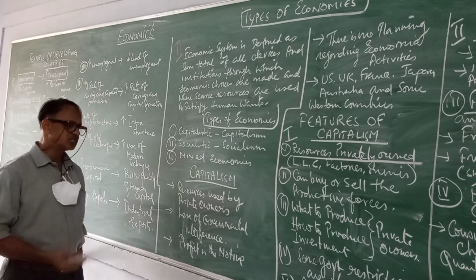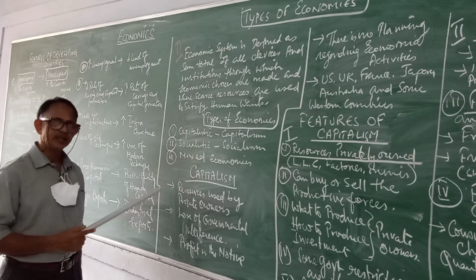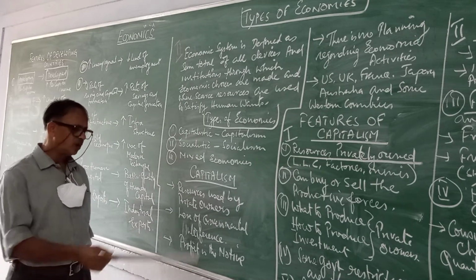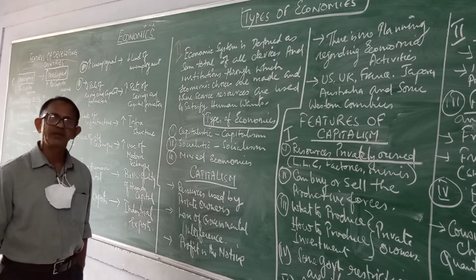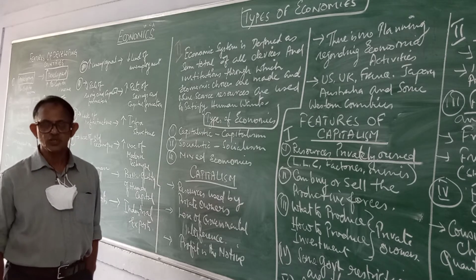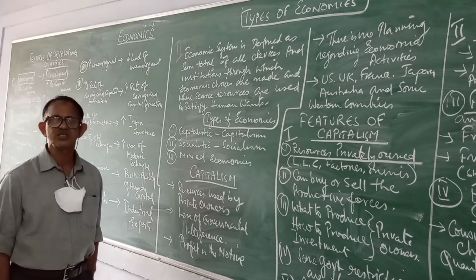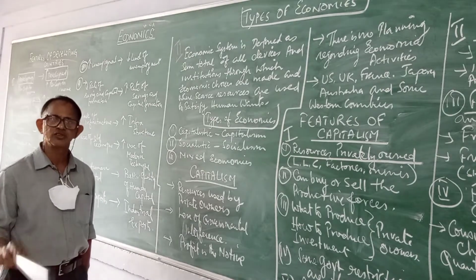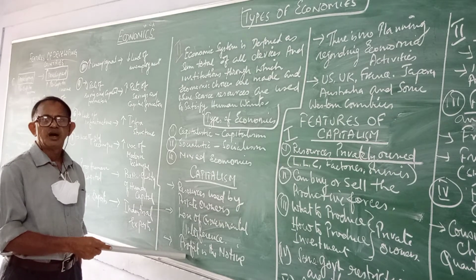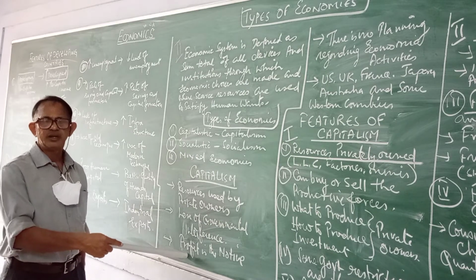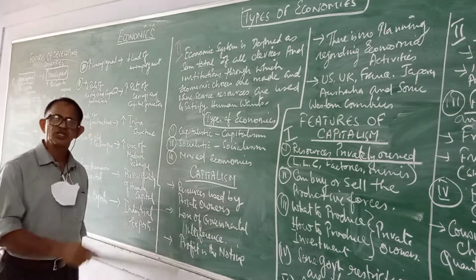If you want to understand a capitalistic economy, we find that it is bound by all these features. First, resources are used by the private owners. Resources like land, labor, capital, everything is in the hands of the private owners, nothing in the hands of the government. These private owners are profit-seeking, and their motive is to earn profit.